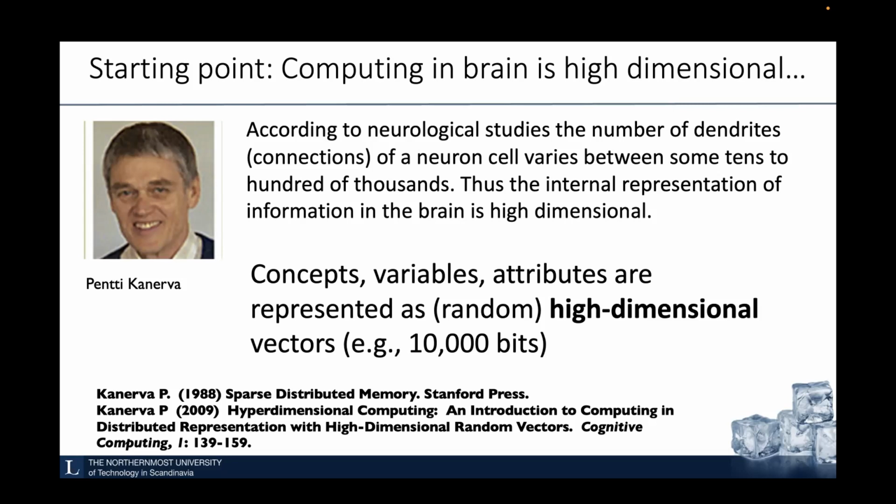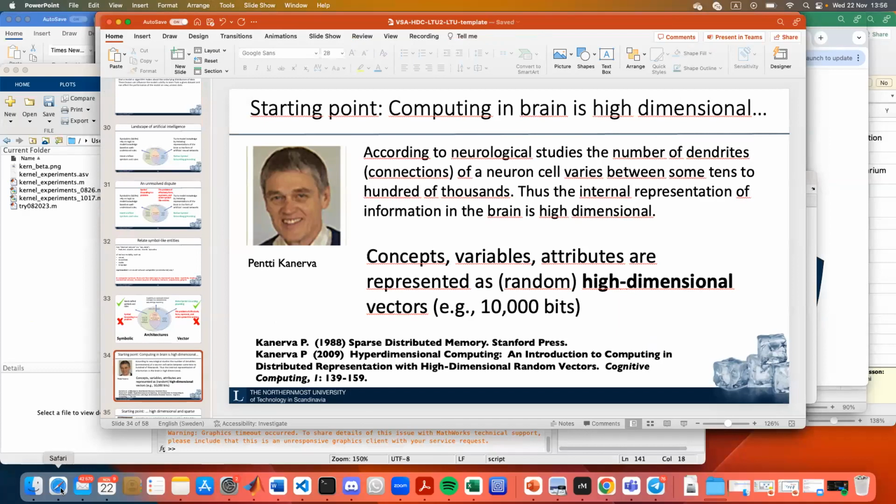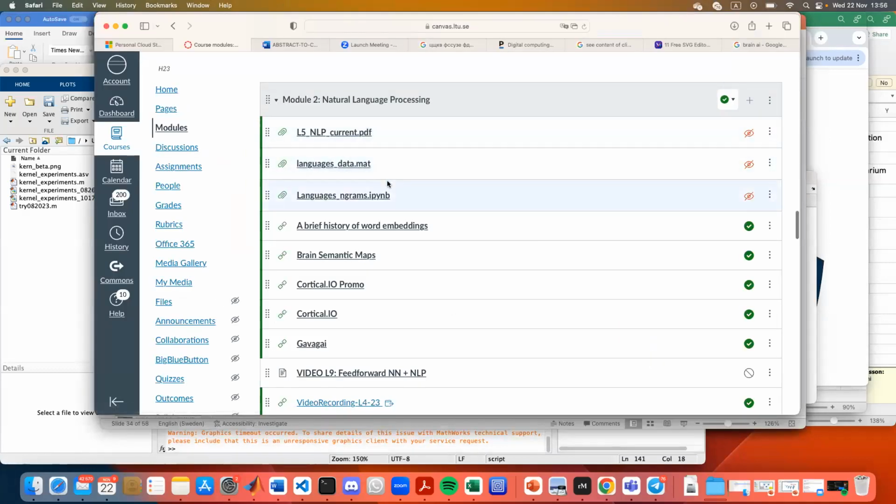Is there a huge data set with all the languages already included, or do we have to download it? I mean this mat file that exists under module 2, the languages data .mat. It's a clean, short data set with 21 languages, already pre-processed, I think without space.